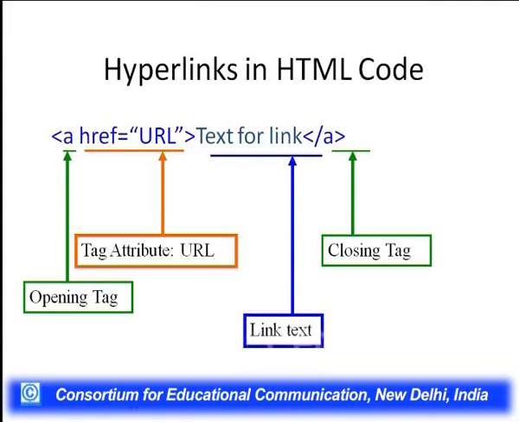Then you provide the text for the link, and then you close the A tag. Anything which appears between the opening A tag and the closing A tag will become a hyperlink. Whenever the user clicks on this text, he will be redirected to the URL that has been specified in the href attribute of the A tag.